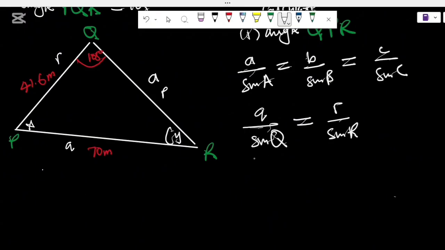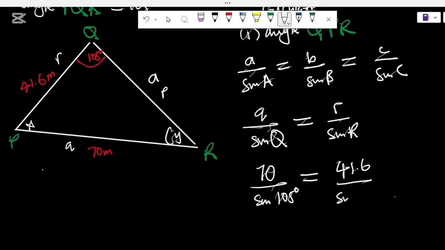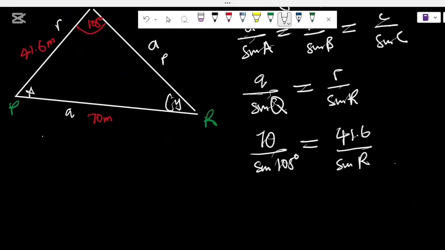Notice that q here is 70, which is divided by sine 105 degrees, and r here is 41.6, which is divided by sine R.